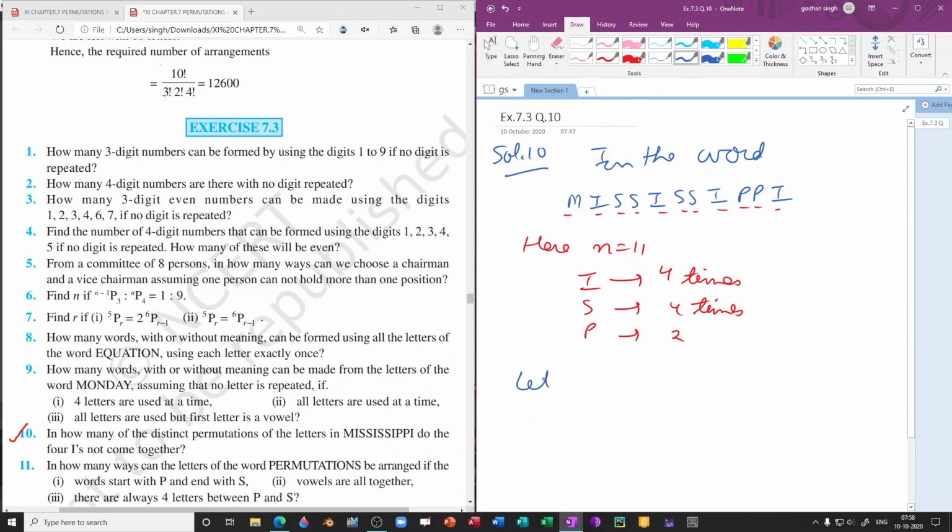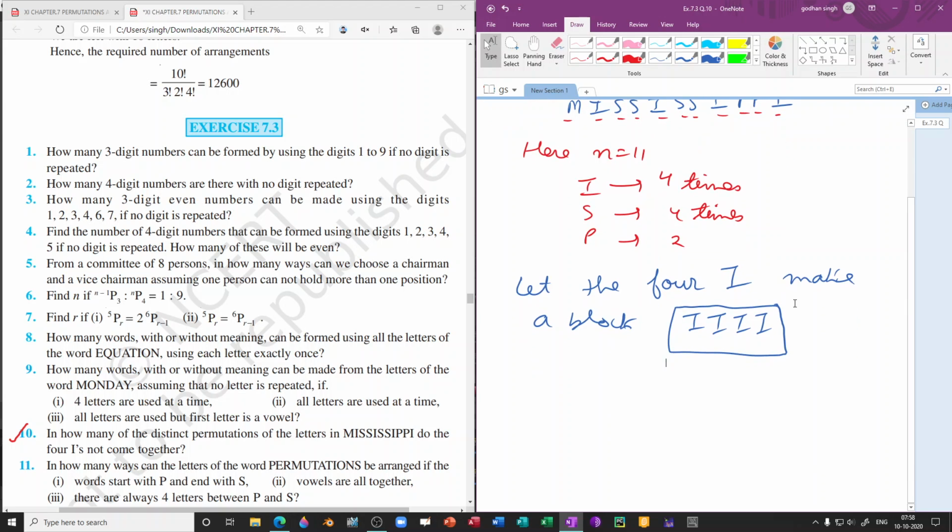Let the four I's make a block. So this is a single block, and now other than I, how many letters are there when we count them with repetition? That is 4 plus 2, 6, 6 plus 1, 7.